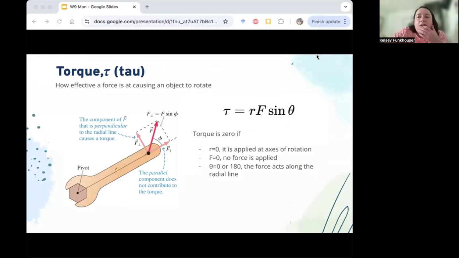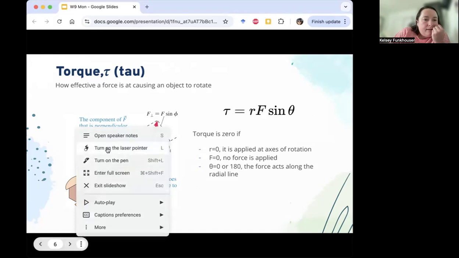So in general, torque is given by this equation: r, which is the distance from the pivot point, times the force, times the sine of the angle between the force and what they call the radial line, which is really just a line from the pivot point to where the force is applied. So it's labeled r on the slide.